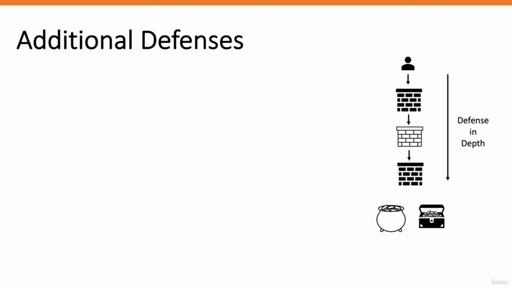So the idea is to make it as difficult as possible for the attacker to compromise your organization. And that's done by providing additional protection in the event that the frontline defenses fail. So if I, as an attacker, want to gain access to your organization and I manage to get past the first block that you had put in my way, then I would have 2 other obstacles that I need to get through before I get to your organization.